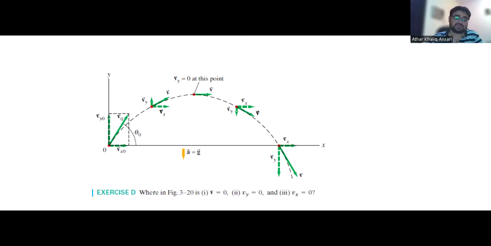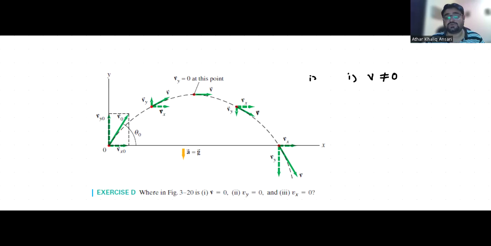As you can see here, the total velocity is made of vx and vy. Here v is equal to vx. So it's not 0 here, not 0 here, not 0 here. So in the first answer, where is v 0? Its v is never 0 throughout the journey. Yes, it is minimum here at the top because vy is 0, but it is never 0.